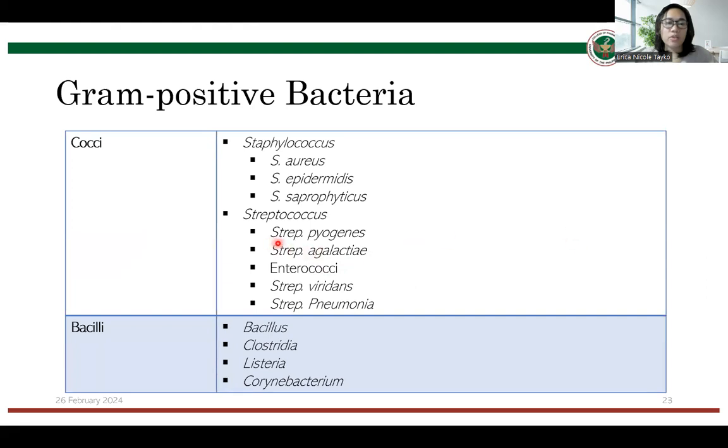So, dapat you would expect na when you try to visualize yung strep pyogenes or strep pneumoniae under the microscope, they would appear in chains na mga cocci. Okay? So some bacilli naman that are gram-positive, we have your Bacillus species, Clostridia species, Corynebacterium species, Listeria.